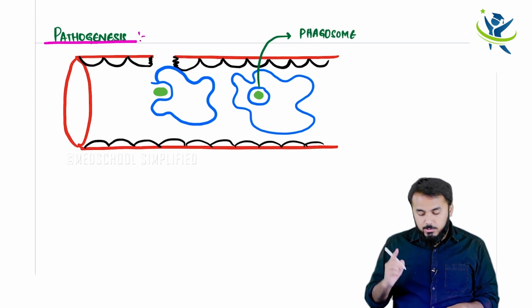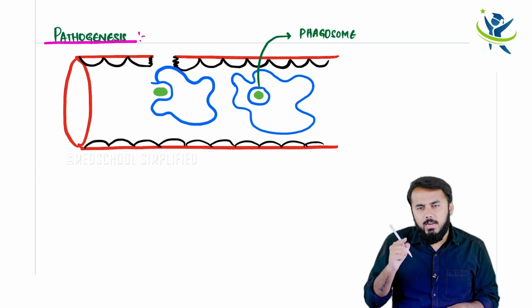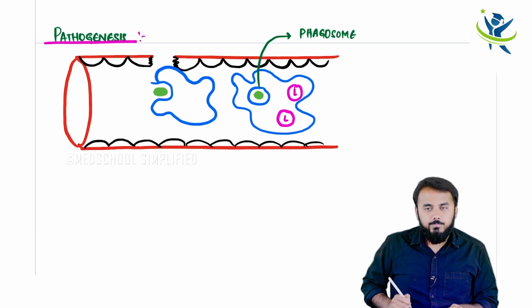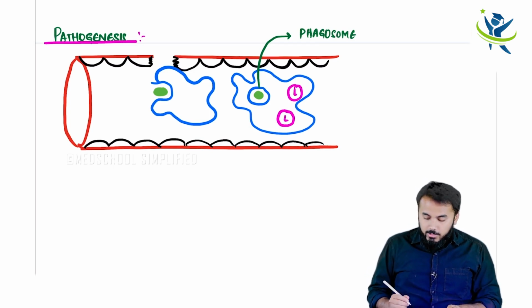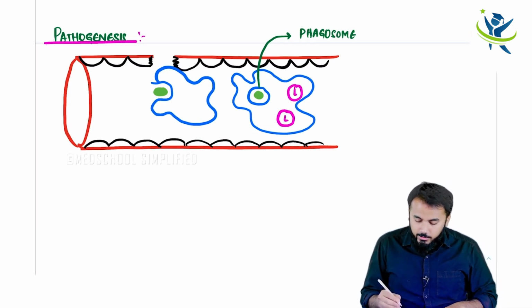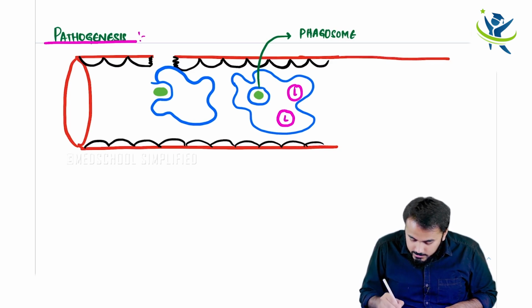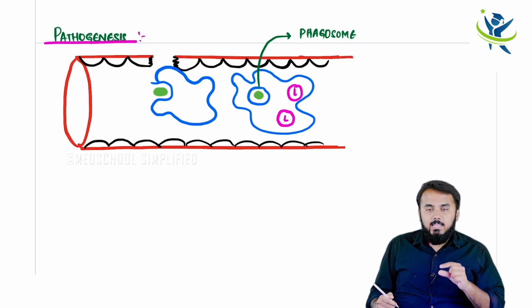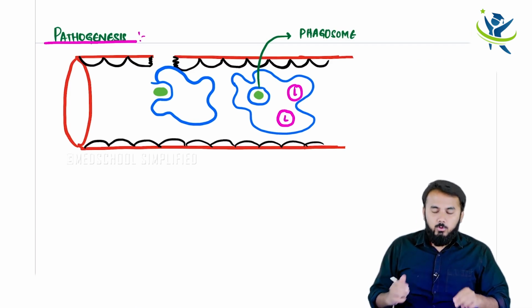Now, there are some special naughty things present in your macrophage. That is your lysosome. You see, these are your lysosomes. What am I trying to teach you is, let me elongate this blood vessel, that this lysosome fuses with the phagosome.